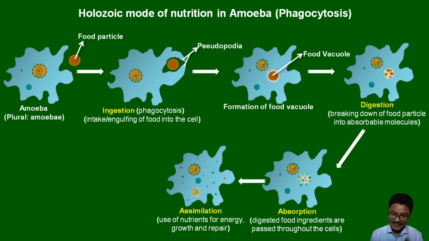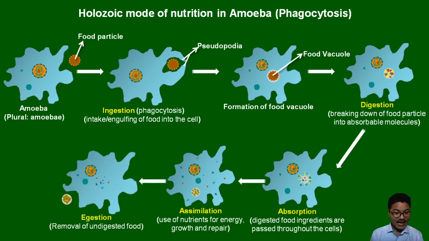We have been understanding the nutrition in amoeba in a simpler way. So now lastly, once the ingredients are used, there are some food components which are not digested, or there may be some waste or excess materials inside the cell of amoeba.